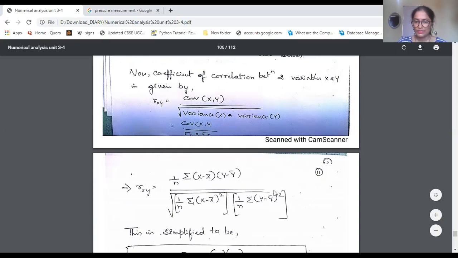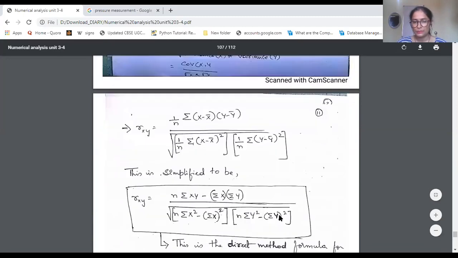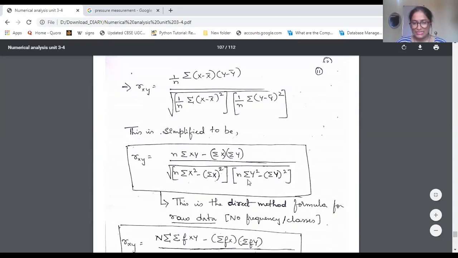And to simplify this, we multiply both the numerator and the denominator by n square, and we end up with the representation like this. So this is the basic formula of coefficient of correlation, coefficient r xy. r xy means coefficient of correlation between the variables x and y, and this formula is used for raw data.